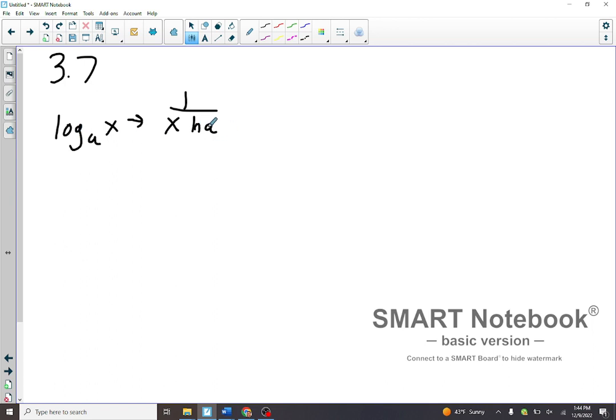Now, because it's ln a, if I have a log that's very specific, like the natural log, aka log base e, that's going to become 1 over x ln of e. But ln and e cancels out, so you could cut right to the chase, 1 over x.